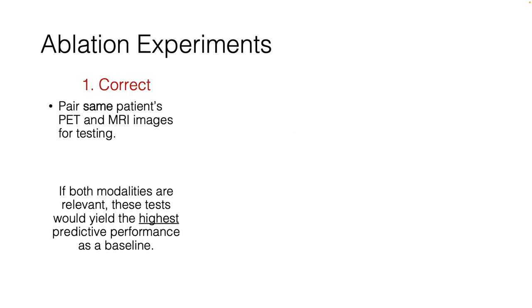So we pair the same patients' PET and MRI scans here to yield a baseline predictive performance score to compare to our other ablation experiments. The idea here is that if both modalities are relevant and contribute to a score, this would be the highest score out of our experiments.